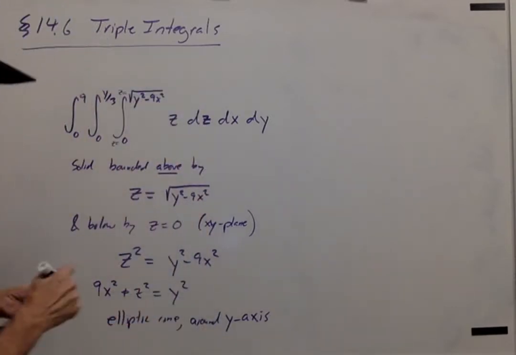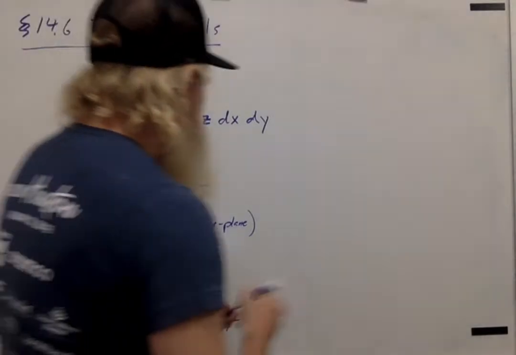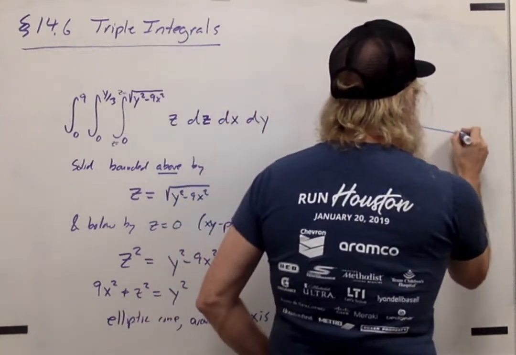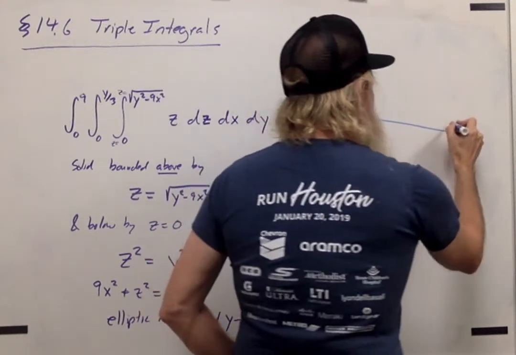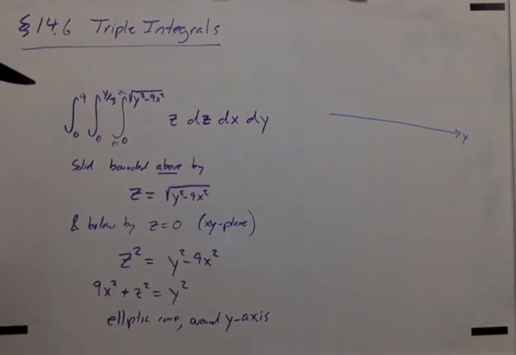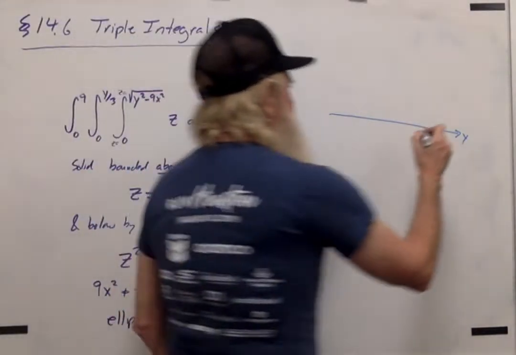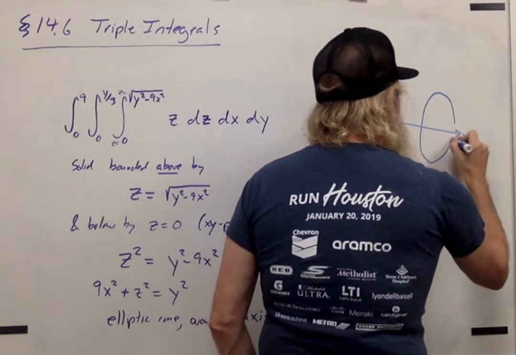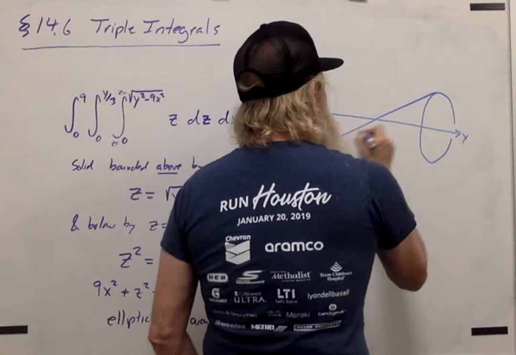So let's see if we can sketch that. If this is the y-axis, then this cone goes around the y-axis, and it's stretched more in the z direction than in the x direction. It's not super important to know. And it does pass through the origin.